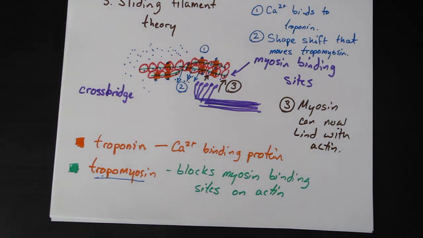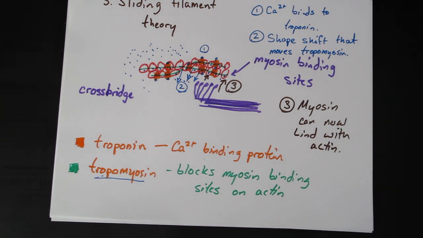So I think from this we can see how troponin and tropomyosin really work to regulate muscle contraction, right? Remember in the last lecture, I referred to these guys as regulatory proteins, and we can see here how they prevent the interaction between myosin and actin, and that would prevent muscle contraction from occurring, unless calcium is present.